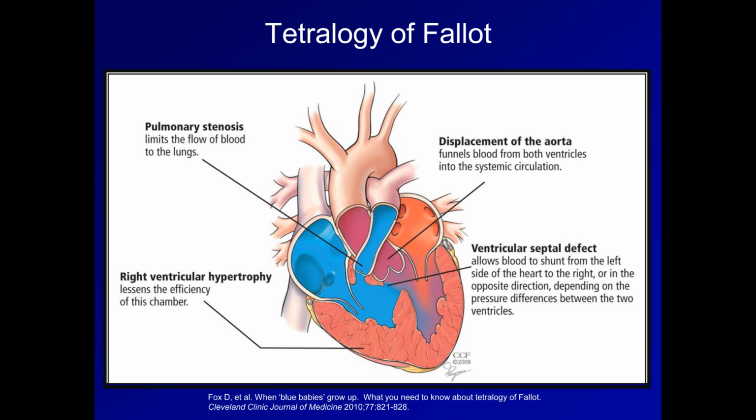The term tetralogy refers to the fact that there are 4 distinct anatomic abnormalities seen in the heart, the details of which are not actually important for this lecture. I just want to point out that the overall consequence of these anatomic abnormalities is that the deoxygenated blood in the right ventricle, which normally travels to the lungs to be oxygenated via the pulmonary artery, is instead diverted into the aorta via a defect in the ventricular septum.